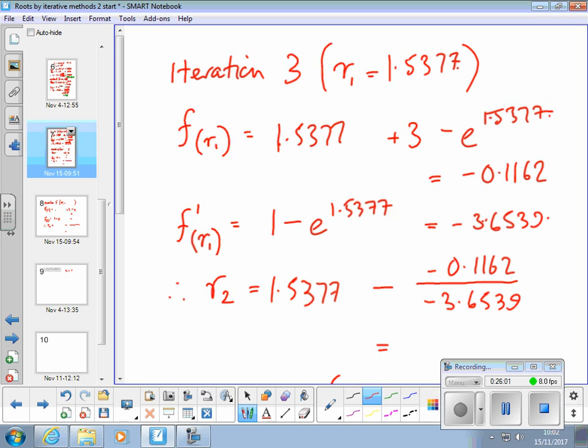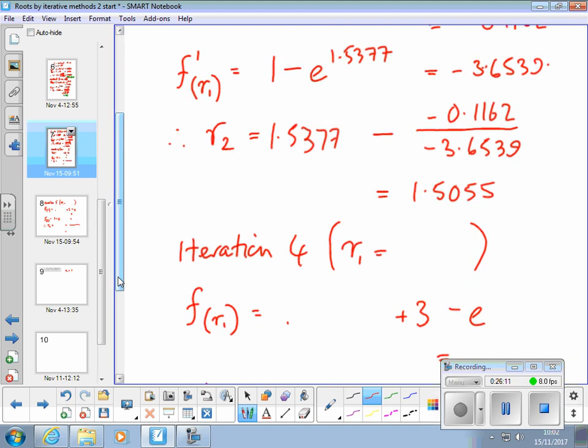New guess is 5.9, sorry, to 3 decimal places. 6.